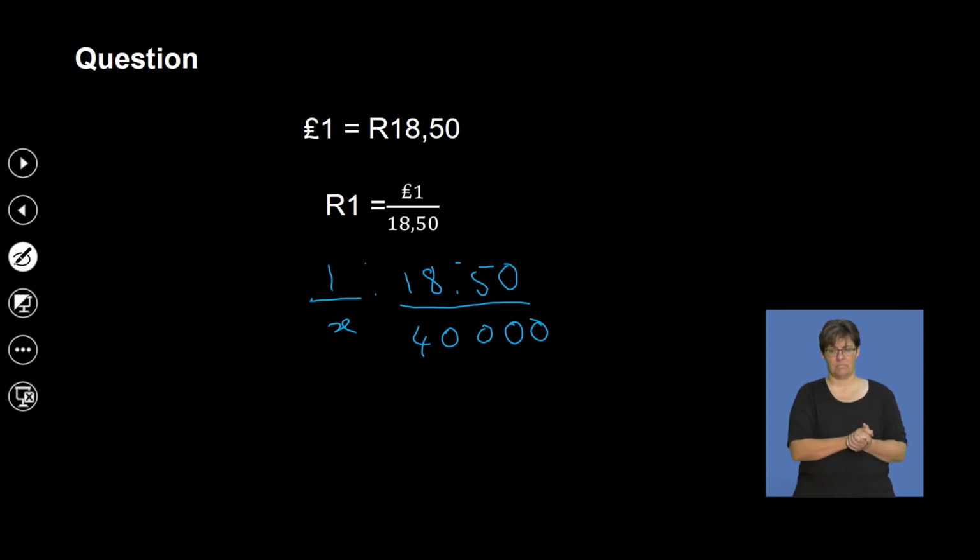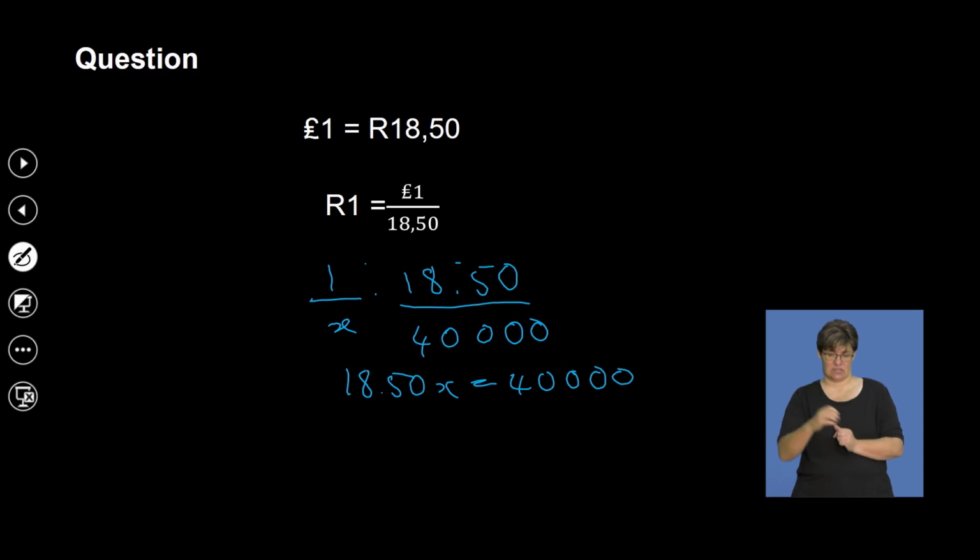So for me to find how many pounds she will have, I will need to divide the 40,000 by the 18 rands and 50 cents. So this will be 18 rands and 50 cents X, and it will be equal to the 40,000, and then from there you divide both sides by the 18 rands and 50 cents.